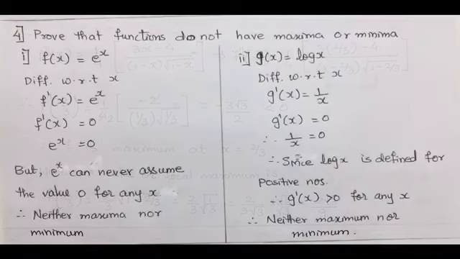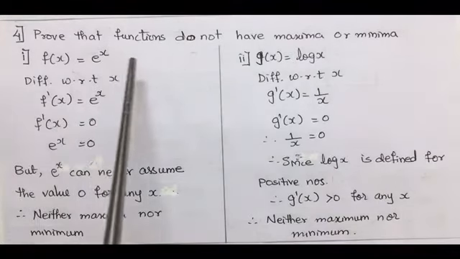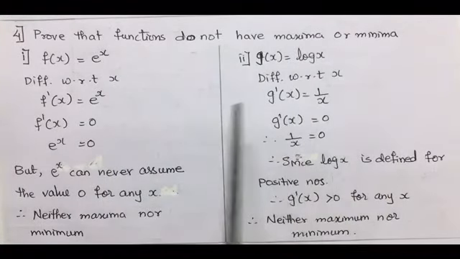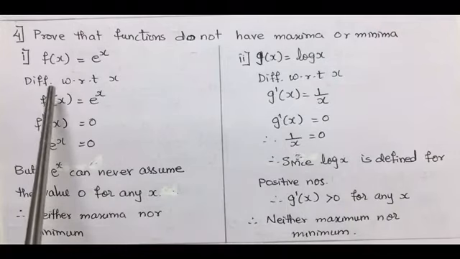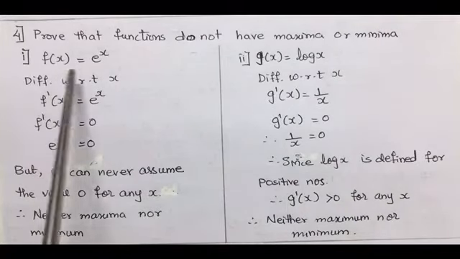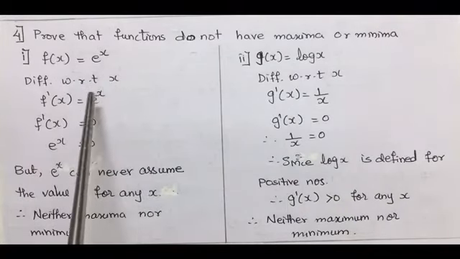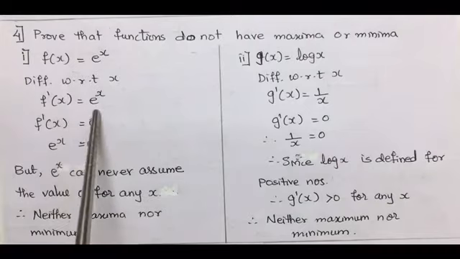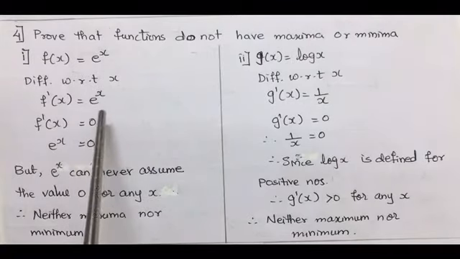Question number 4. It is asked to prove that the following functions do not have maxima or minima. The first one is f(x) is equal to e raised to x. Now if we differentiate this with respect to x, we get the first derivative as e raised to x.